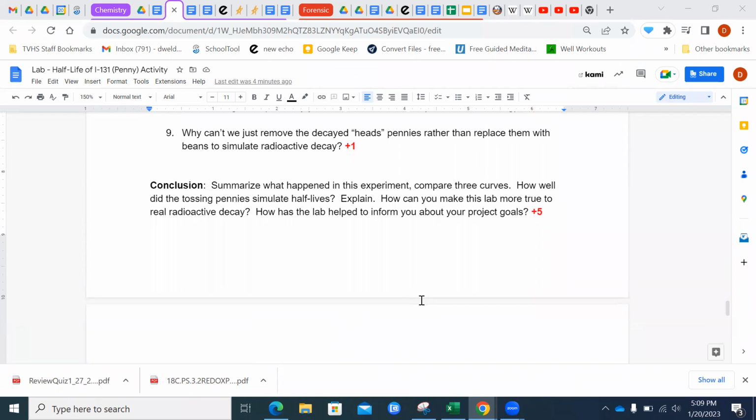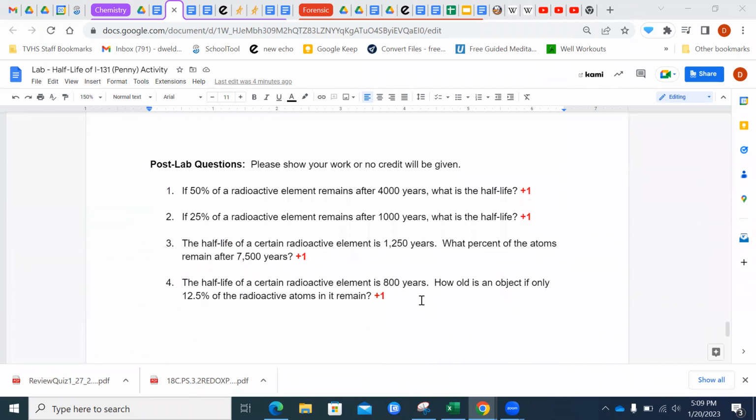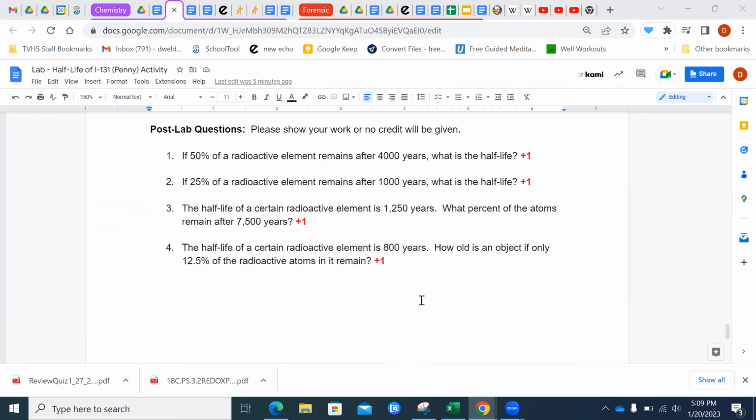Number 9 and the conclusion, I think, hopefully you understood the lab and you can answer some of those questions. The post-lab questions, these 4, they're all using the number line. So if 50% of a radioactive element remains after 4,000 years, what is the half-life? So you want to use the number line.